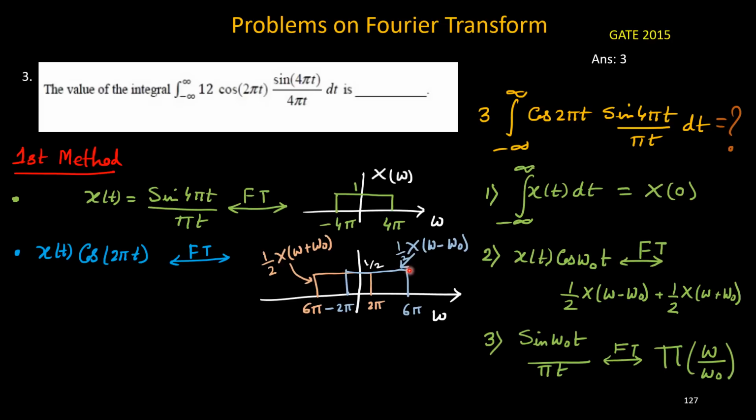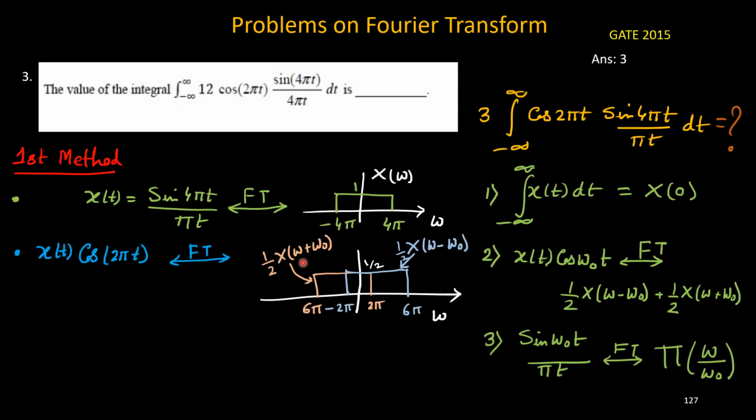So this curve is for these things shifted to the right side, and the magnitude should be half of this one. So this part is half X(ω minus ω₀). Similarly, I'll get this one, half X(ω plus ω₀).